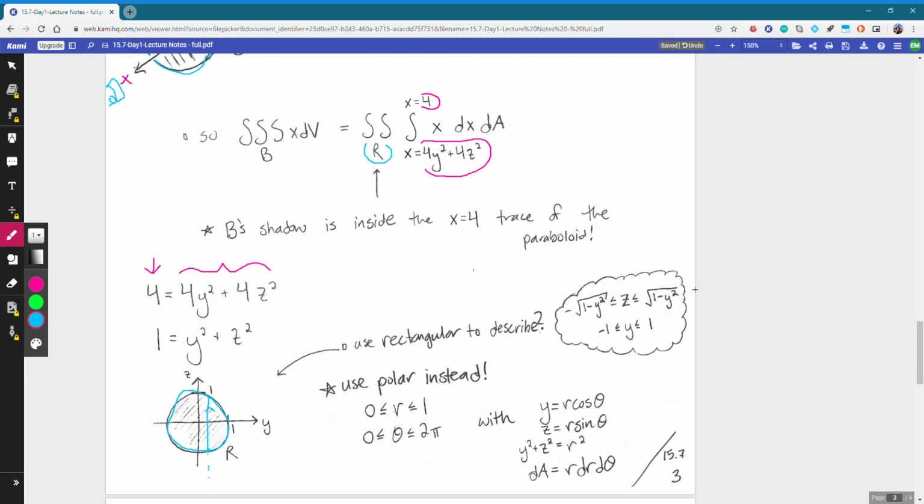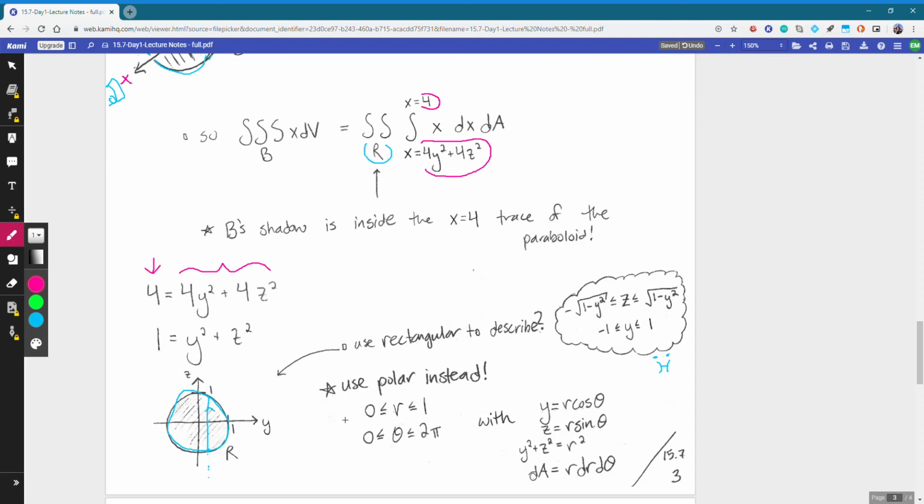And so we'd get these limits, these instructions for moving z and then moving y. But that doesn't sound so nice. This is a circle, and polar coordinates are going to be a much cleaner way to describe our shadow, because it's a disk.